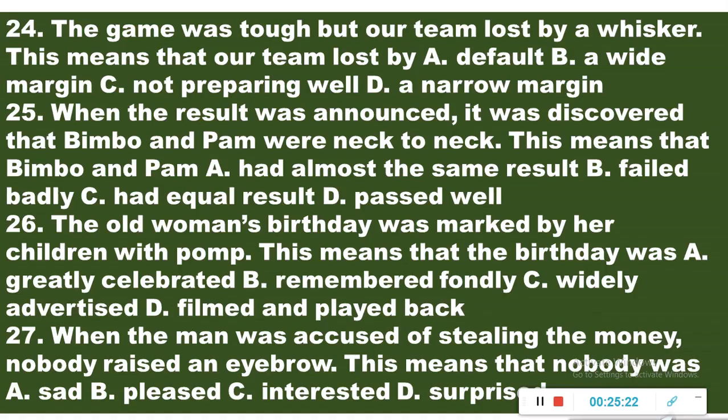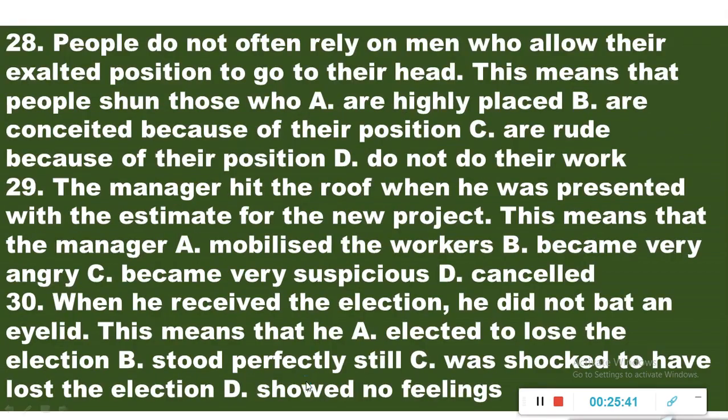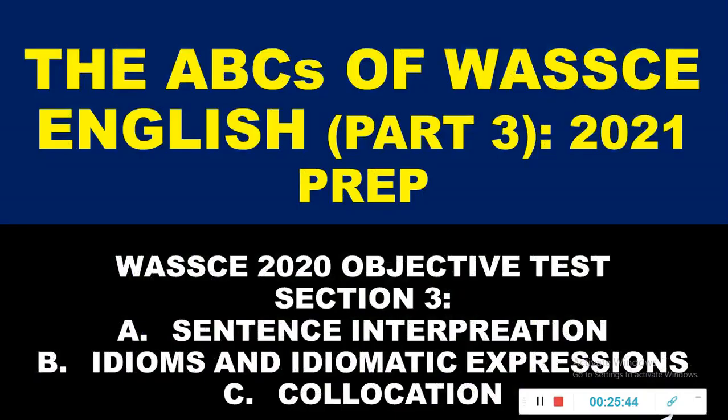And don't forget we looked at how to interpret sentence meanings, and we looked at 4 different literary devices, how to use metaphors, imagery or images, symbolism, and contextualization to help us in figuring out the meanings of various idiomatic expressions. I hope you have gained quite a lot from this lesson that will help you to interpret sentences correctly whenever you come across them.